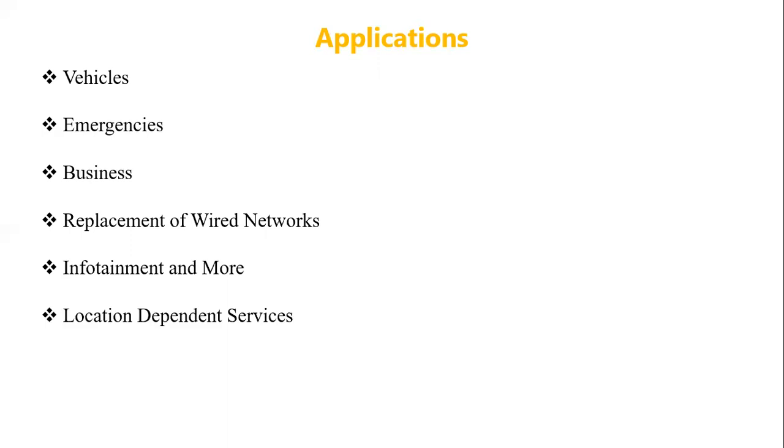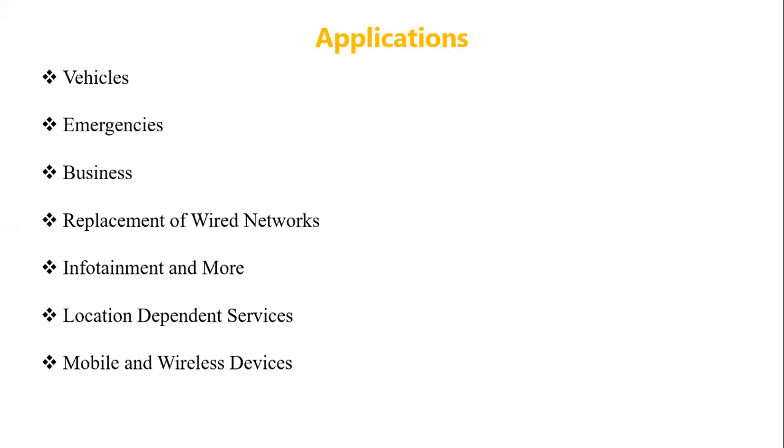Then we'll be discussing the various location dependent services provided by wireless network and mobile communication. And at last, we'll be discussing the different types of mobile and wireless devices that are currently available. So we'll be discussing applications under these headings.